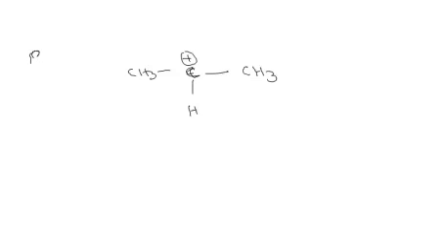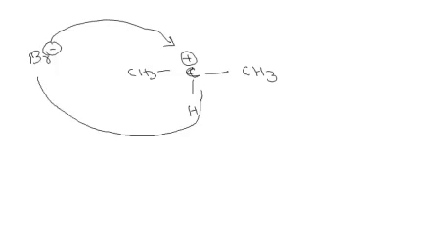Whatever Br minus is coming can attack this carbon from the front side or the back side, top or bottom. So a racemic mixture will form, because as the carbocation is planar, the bromide can attack from top or bottom.